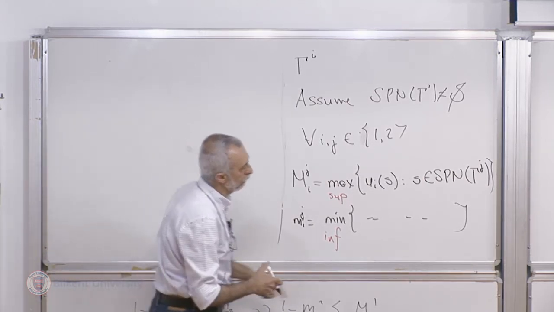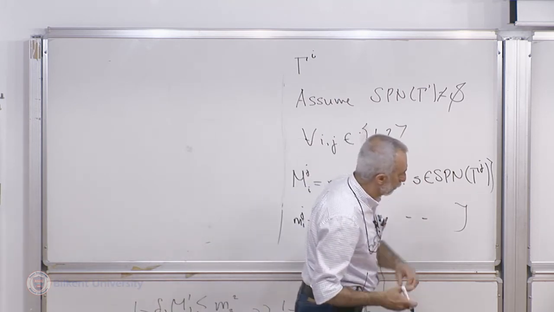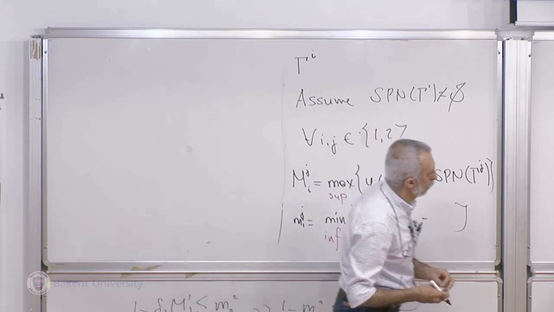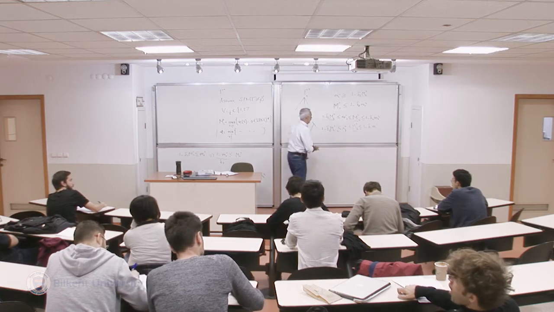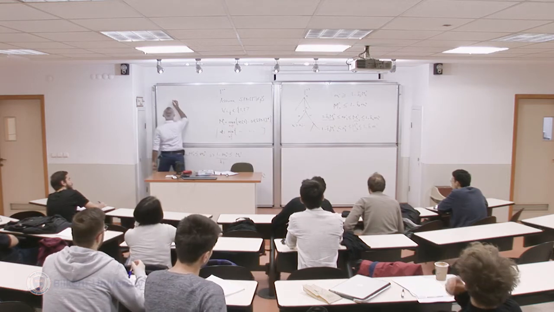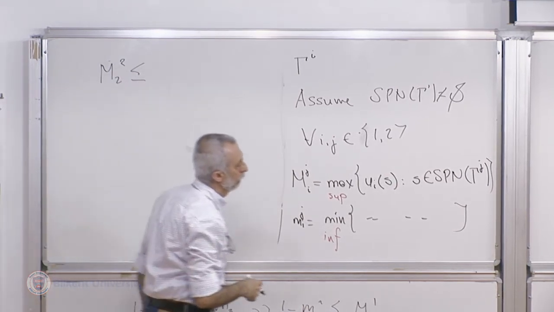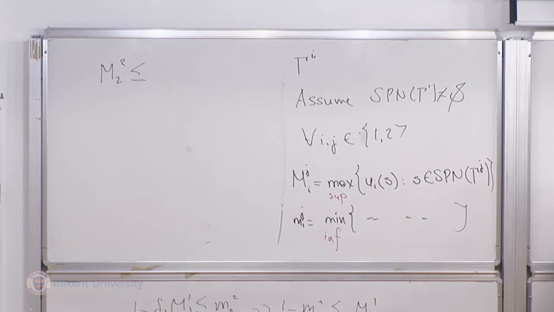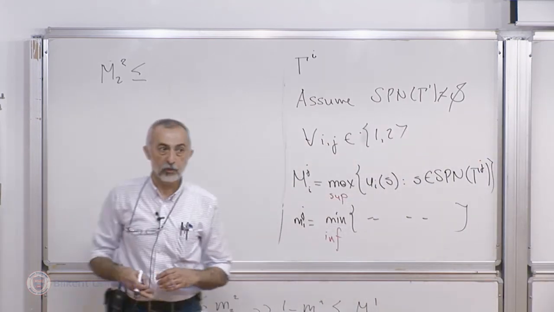So what do we have? I'm looking for capital M22, so I'll use this. Okay, capital M22 is less than or equal to... So I'm going to try to use this and get rid of M11 and have something which only involves M22.